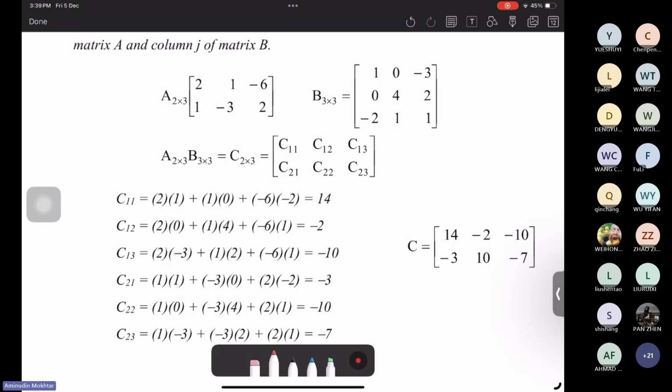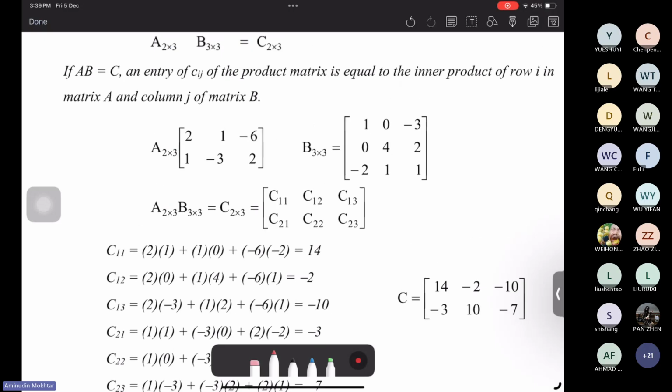Okay, before I proceed, let's take this example.